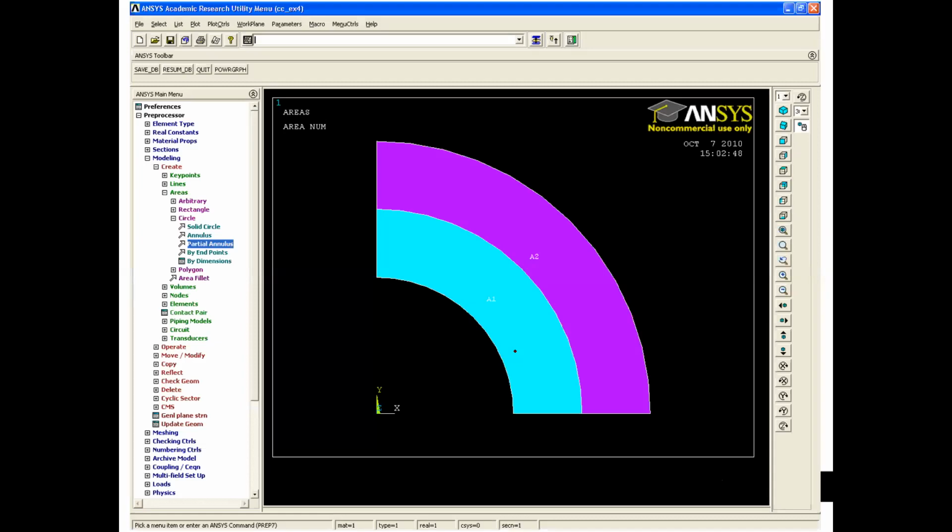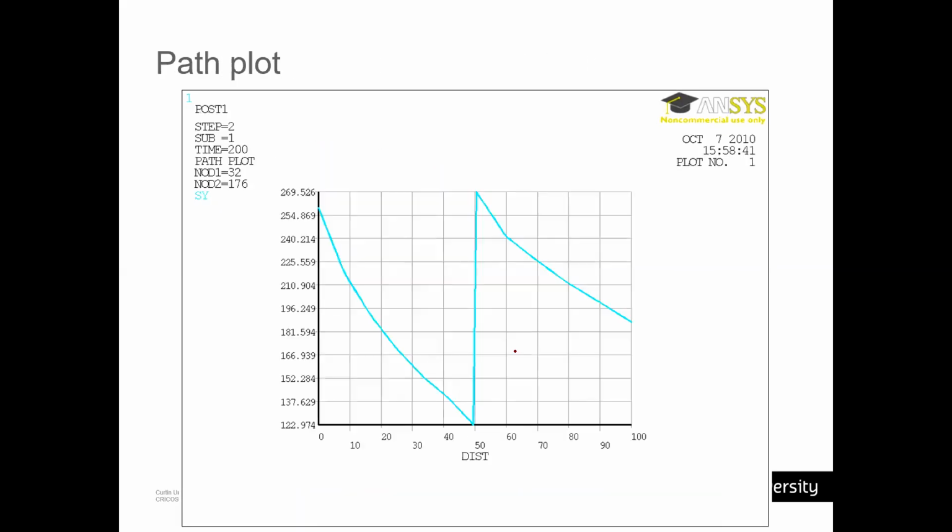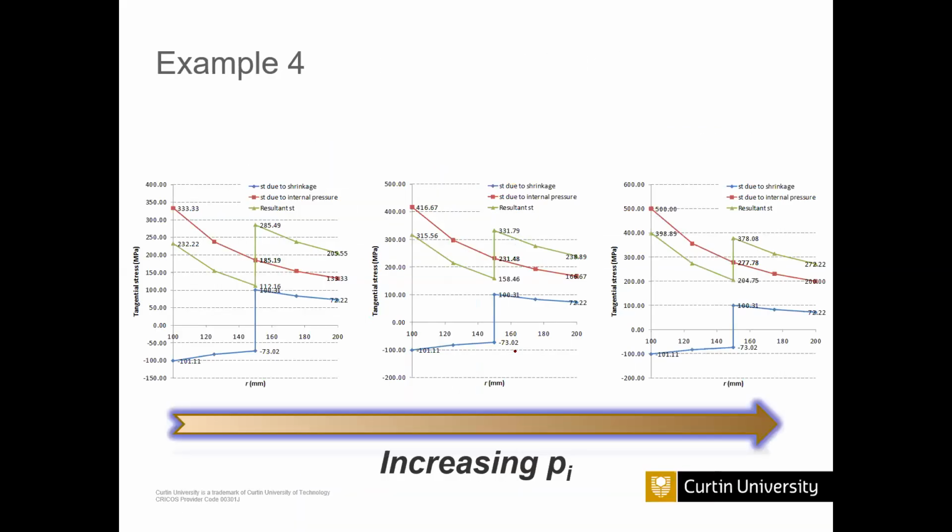So this is a kind of simulation result. So for contact pressure, when we increase the PI, this is the variation of the resultant, only internal pressure and only shrinkage variation, of the first case we discussed, the first example.